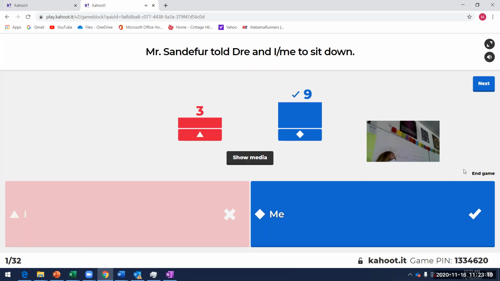Is that objective or nominative? It's objective, yes, because it's the receiver of the action, right? Mr. Sandifer is the subject. Told, who did he tell? He told Dre and me. So therefore, it's the receiver of the action, not the doer of the action. So it's the object. All right, so it would be me.